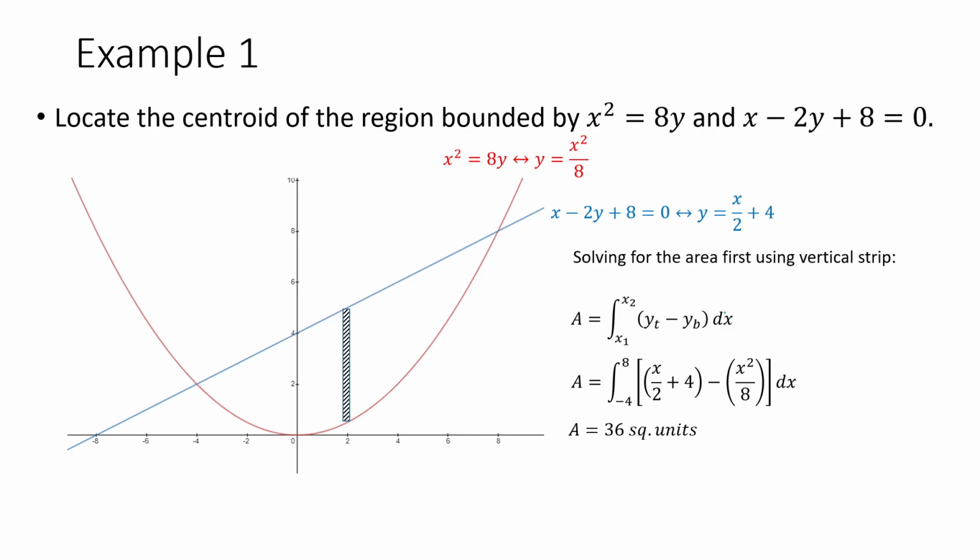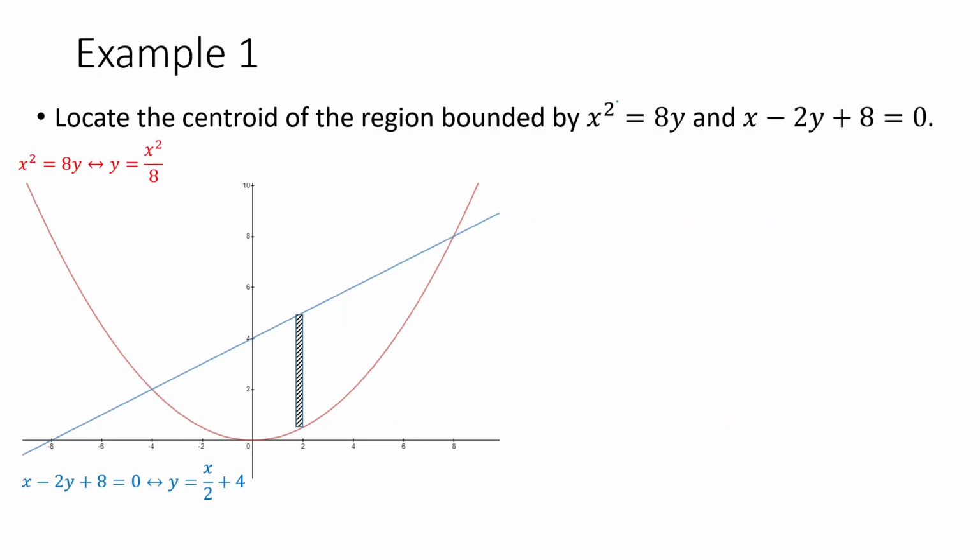And also, aside from isolating the terms properly, if you can, try to simplify your expressions as much as possible, because it also helps your calculator give you the answer faster. Okay, since we have now solved for the area, the next step would be solving for bar x and bar y.